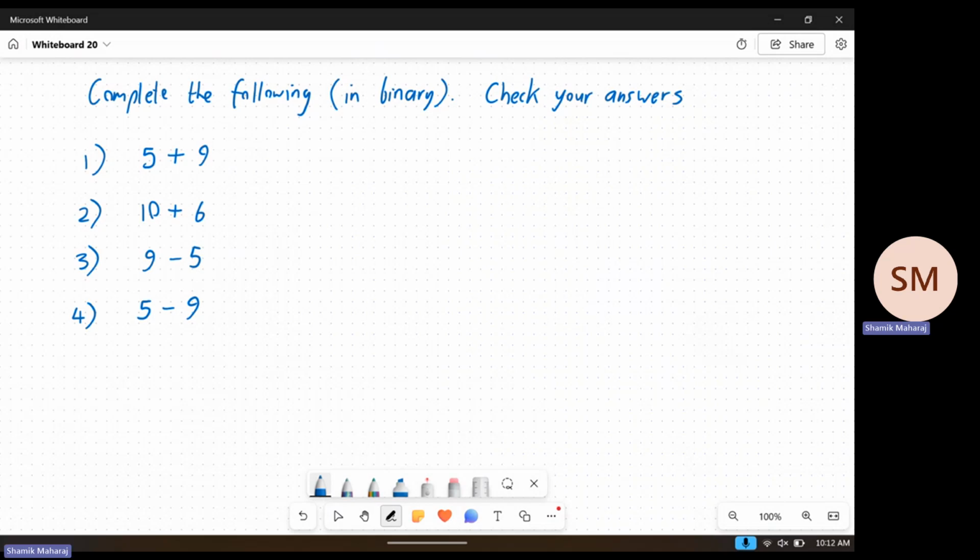If you convert 5 to binary and then 9 to binary, you get an answer in binary. The binary answer should correspond to 14, right? The binary and decimal must give you the same answer. So do these 4 and check that you get the same answer in decimal and in binary. And remember, if we're dealing with negative numbers, we have to use 2's complement to convert to binary.